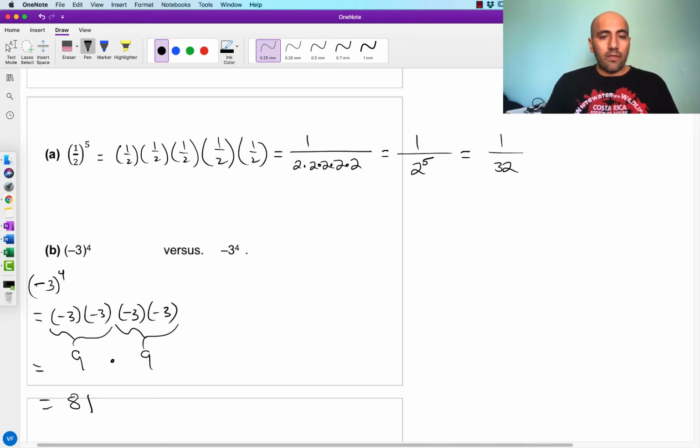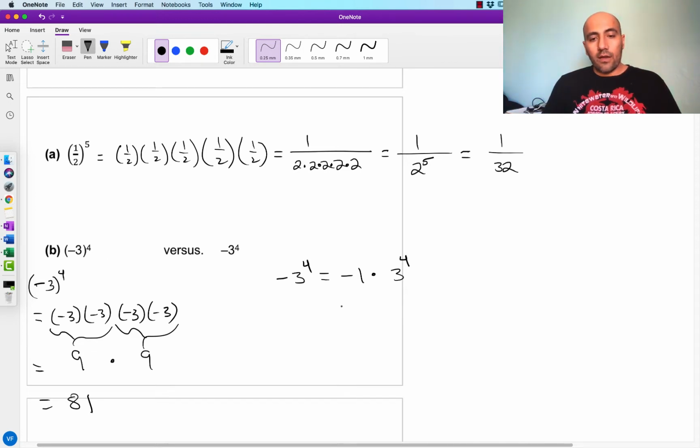Now, on the other hand, this one doesn't have parentheses around the negative. Negative 3 to the power of 4 without parentheses really means that we have a negative 1 times 3 to the power of positive 4. So, in other words, the 4 in the exponent does not apply to the negative. It only applies to the 3. If you wanted it to apply to the negative, well, that's what the parentheses are for.